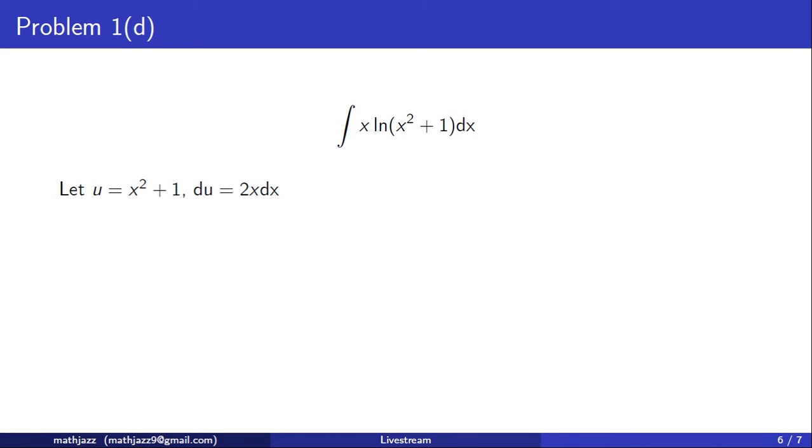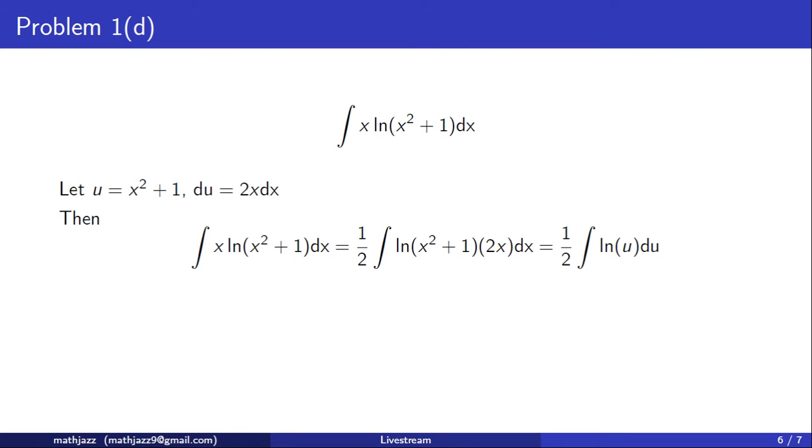And our final problem for the day will be the integral of x ln of x squared plus 1 with respect to x. We let u be our interior function, x squared plus 1, du equal 2x dx. Then we do our substitution, which I guess I didn't quite type in, but we get 1/2 of the natural log of u du.